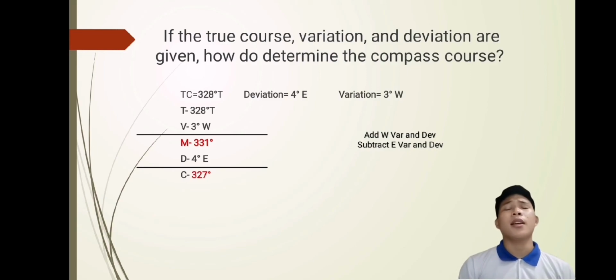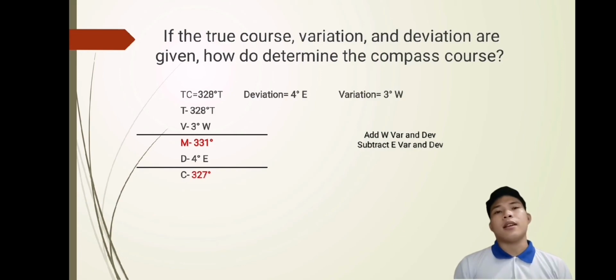So the true course is 338 degrees true, having the variation of 3 degrees west, therefore we add it, resulting in 331 degrees magnetic, and having the deviation of 4 degrees east, in this condition we subtract it. Therefore 331 degrees minus 4 degrees east is equal to the compass course of 327 degrees.